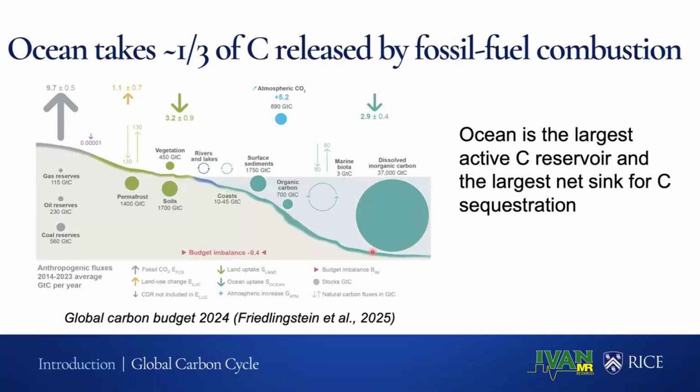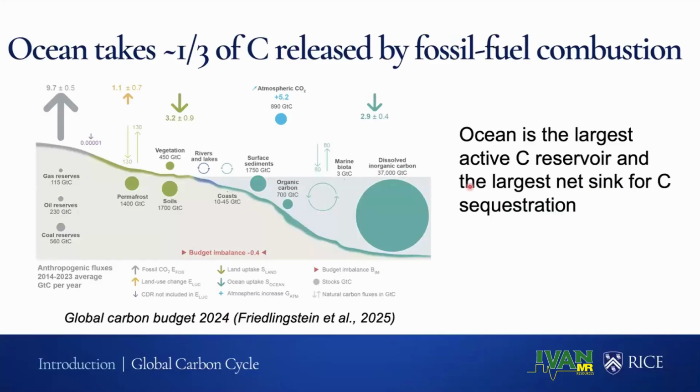If you look at the area which indicates the carbon reservoir, the ocean is actually the largest active carbon reservoir, which contains more than 38,000 gigaton carbon. That is more than 40 times more than the atmosphere. Most of the carbon in the ocean is in the dissolved inorganic form, with some portion in the dissolved organic and particulate organic form that are the most biologically active.